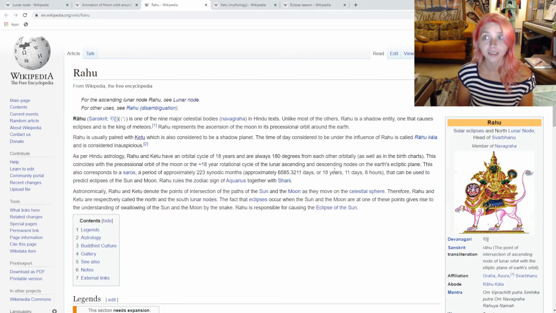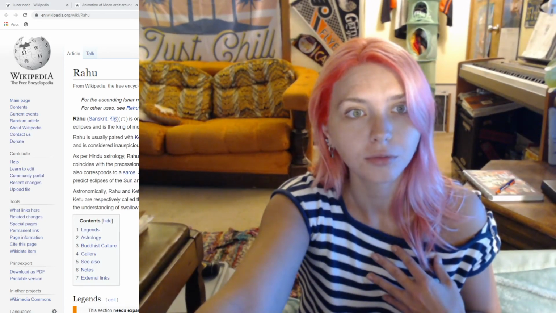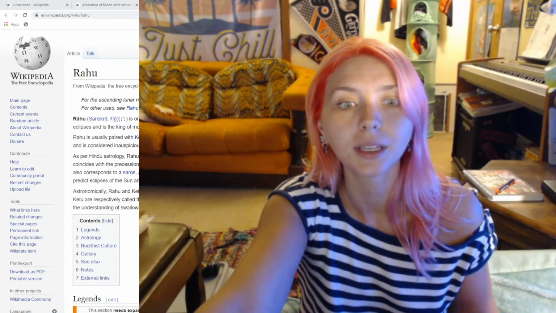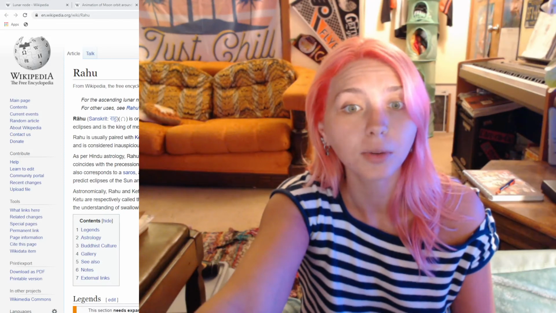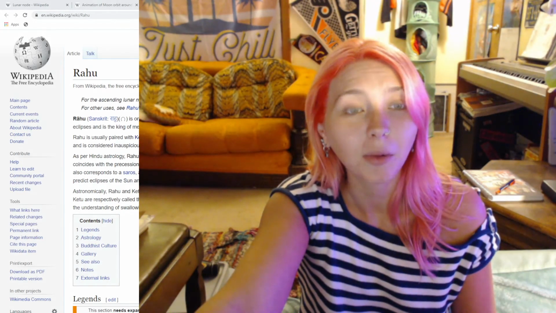I highly recommend it, because this book was very on point, and that's coming from myself, who was not a person who was really even thinking about the nodes. I had really no idea how to interpret them before listening to this audiobook, and listening to the section about where my placement is was extremely enlightening.